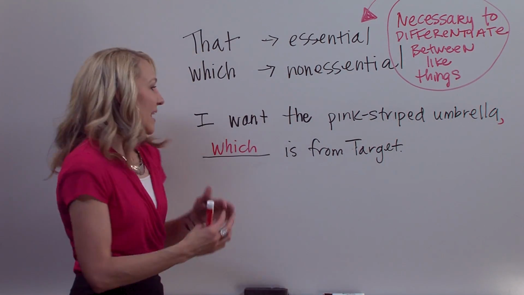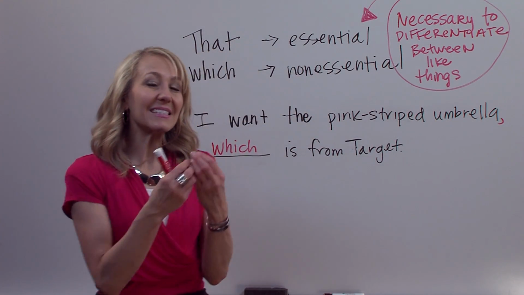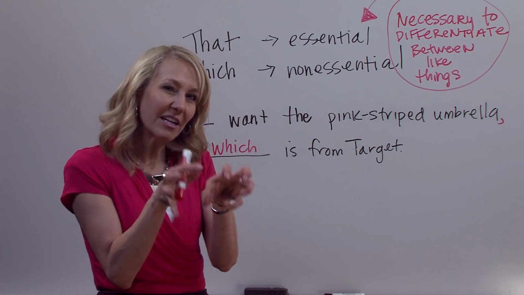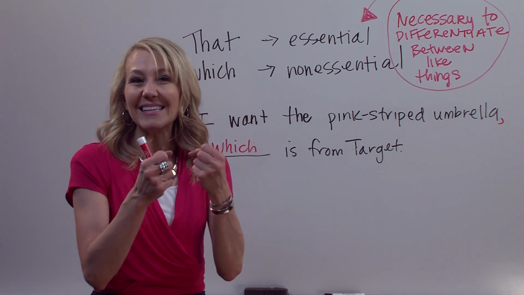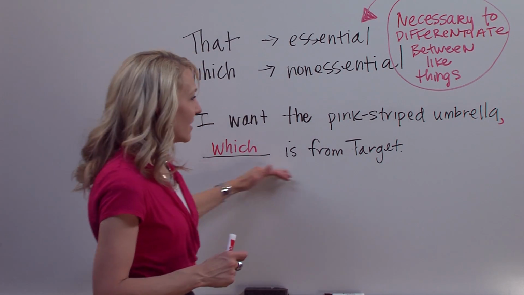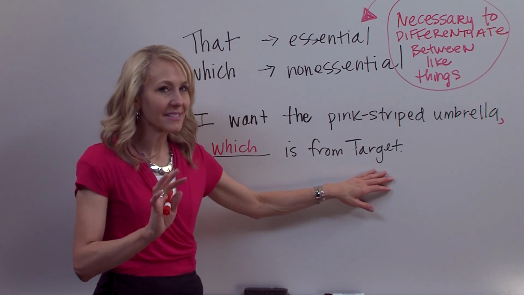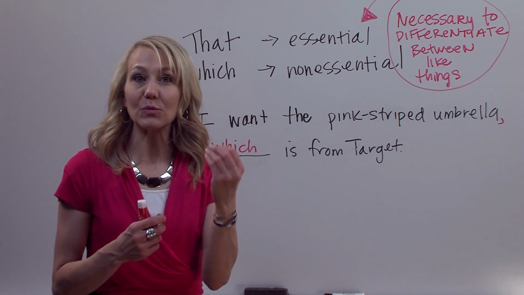So remember, if the information that comes after the thing that I'm modifying is necessary to differentiate that thing from other like things, that makes it essential, and I want to use that. Otherwise, if this information is not necessary to identify this item, then it's non-essential and I can use the word which.